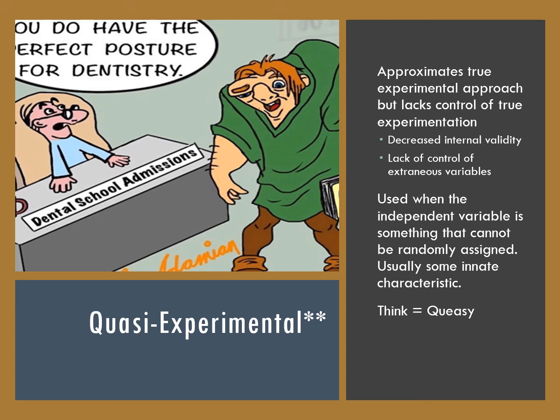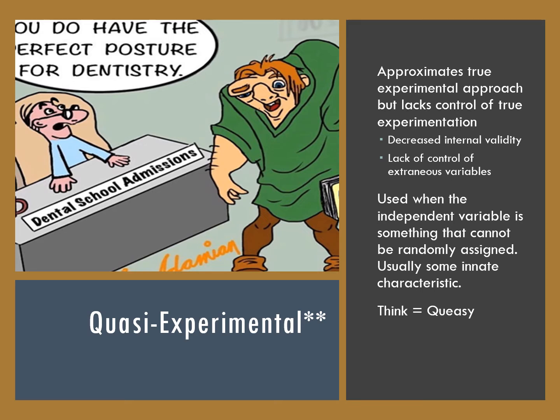Usually this is some type of innate characteristic that you're studying, which means that you don't get to randomly pick. A good example of this is if you were going to study some experience that tall people versus short people have, you're not going to be able to randomly assign whether someone is in the tall category or the short category, right? They're either tall or short depending on where you draw the line between both of them.